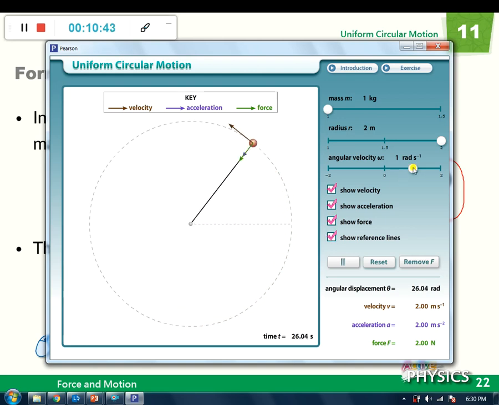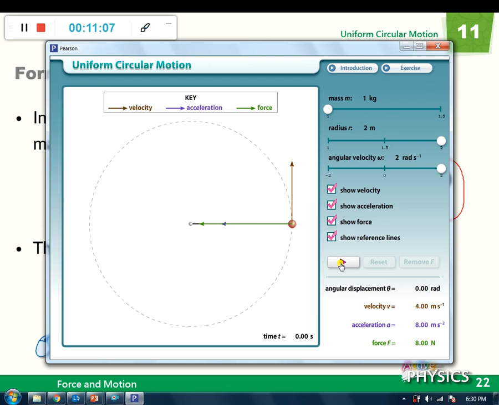Now, next part. If I increase the angular velocity, omega, then what will happen? Try to look at it. Okay, we set it. Then you can see that the velocity is increased, because v is equal to r omega.